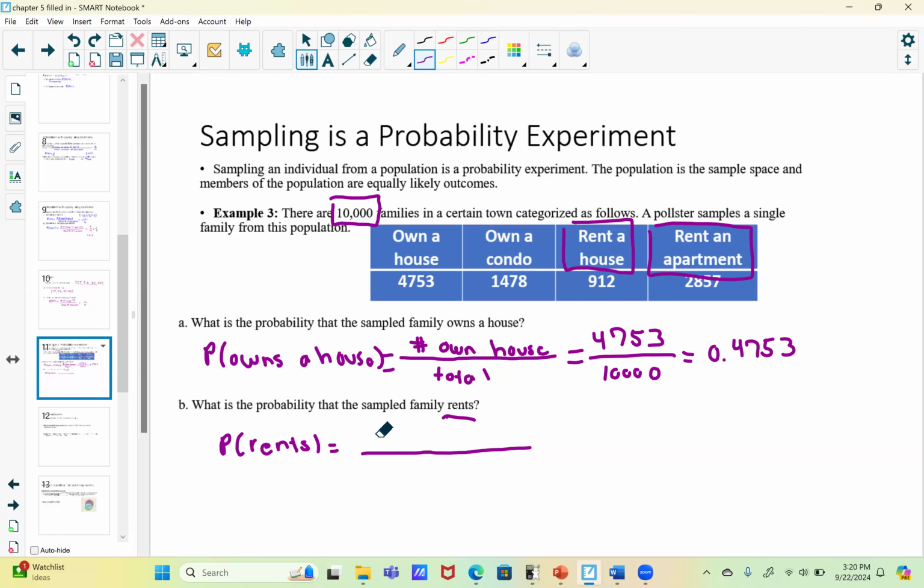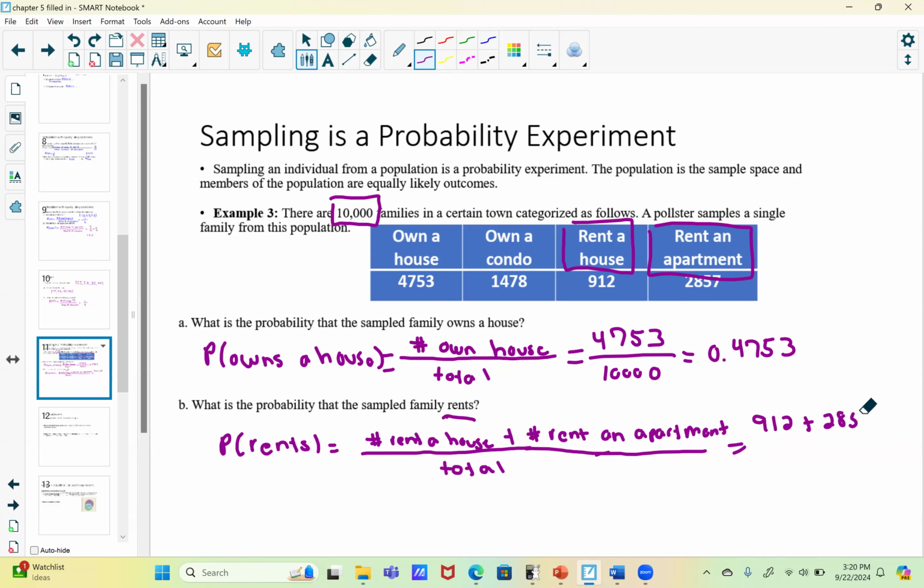So I take the number that rent a house and add the number that rent an apartment to get the total number of people that rent. I want everyone that fits this category, so I have to add those two. Then again, I divide by the overall total. So I add 912 plus 2857 and put it over 10,000.